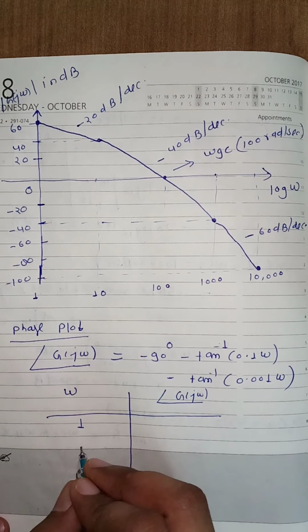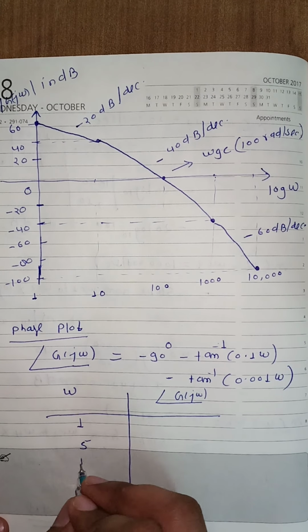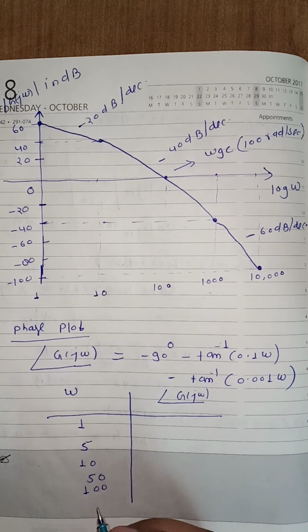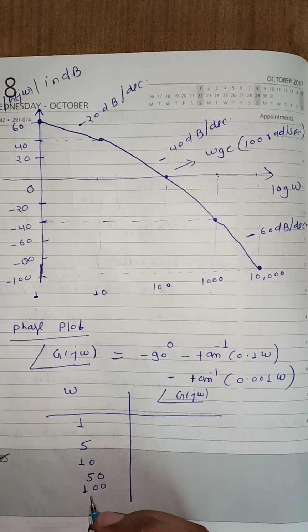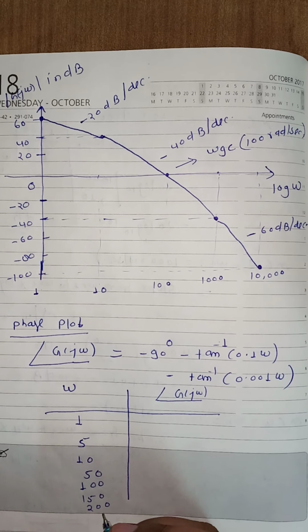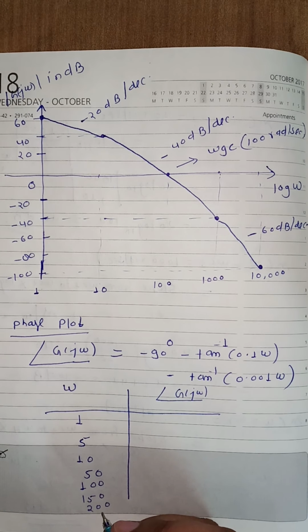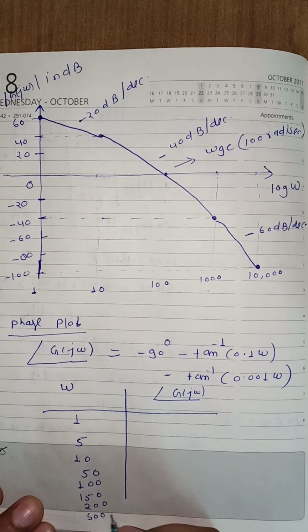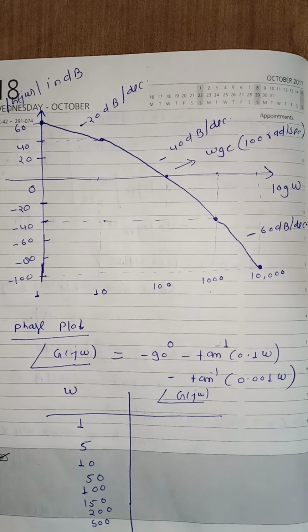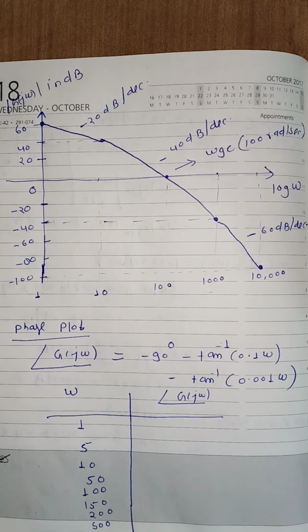So we have 1, suppose 5, suppose 10, suppose 50, suppose 100, suppose 150, suppose 200, next suppose 500, then consider 1000, next consider 10,000.